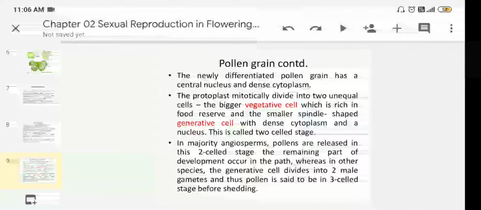The generative cell divides into two male gametes. Thus, pollen is shed at the three cell stage in the remaining plants. Again, let us understand this once more. In 60% of plants, pollen grains are shed at the two cell stage, that is the vegetative cell and generative cell, and in the remaining plants, the nucleus of the generative cell divides and forms two male gametes.